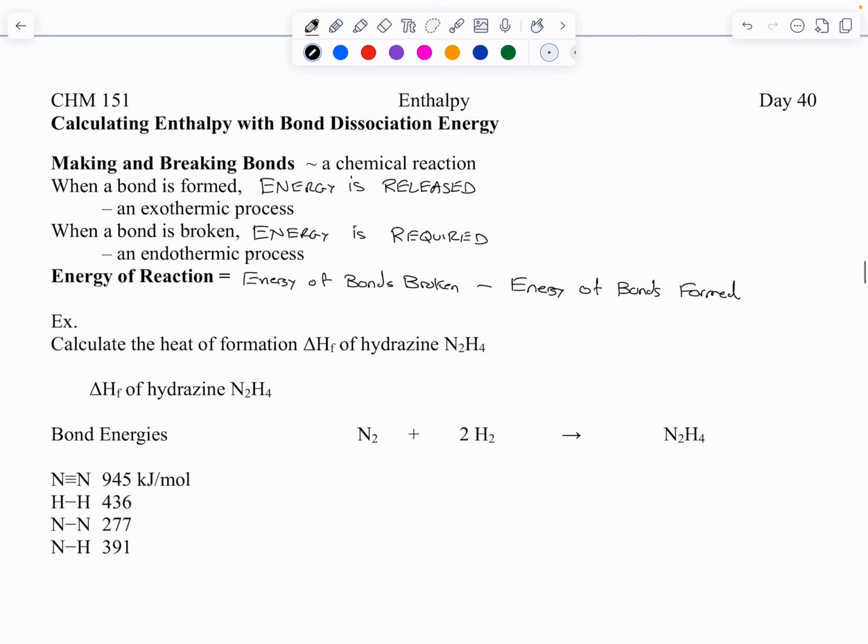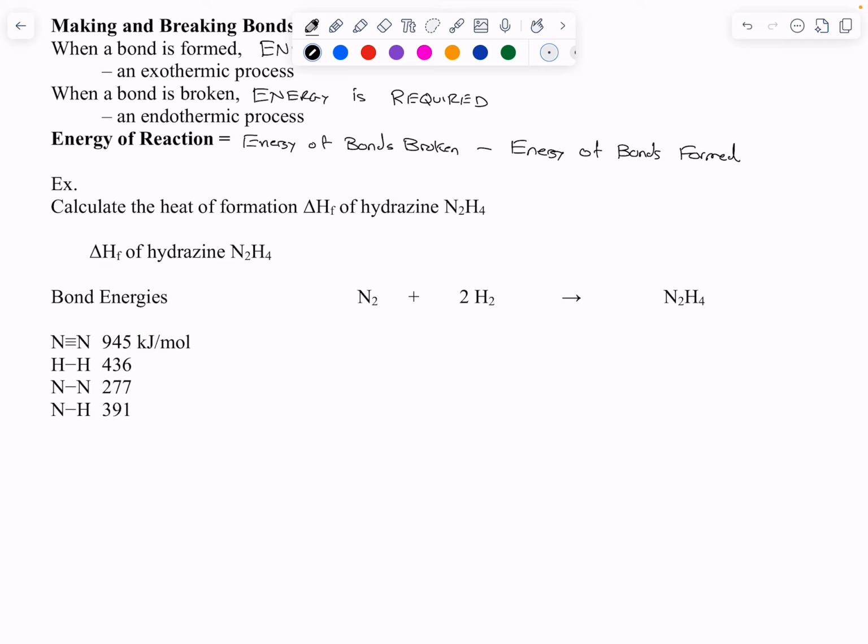So our example: calculate the heat of formation of hydrazine, which is N2H4. Well, if you look, we know that delta HF standard of N2 is 0 and H2 is 0, so we want to know the delta HF standard of N2H4.